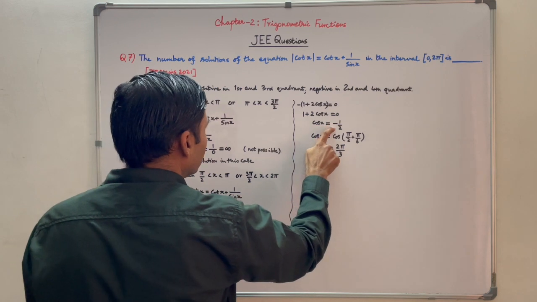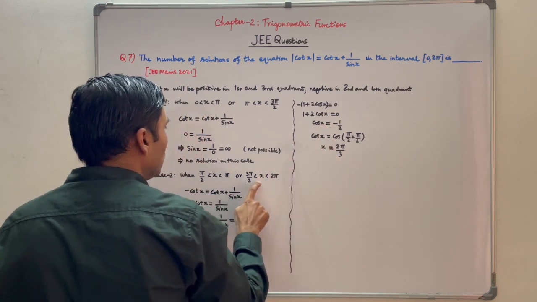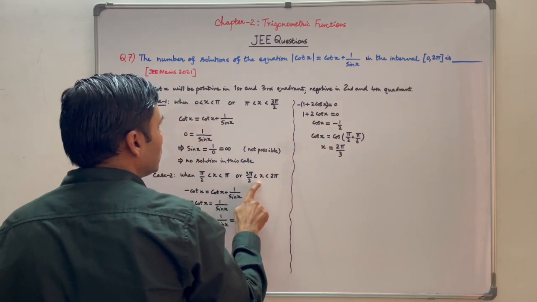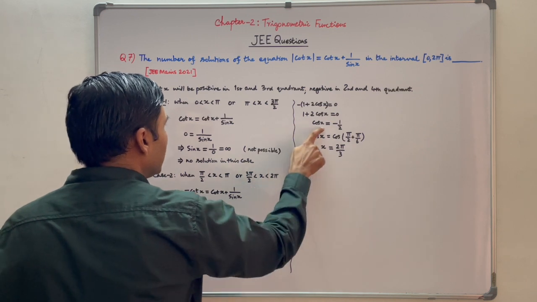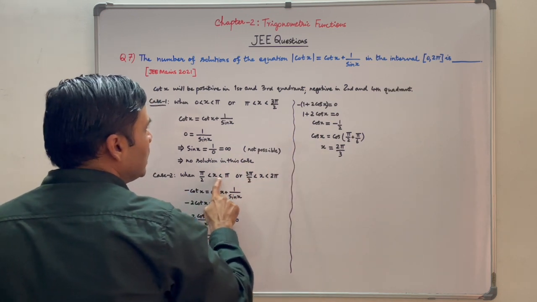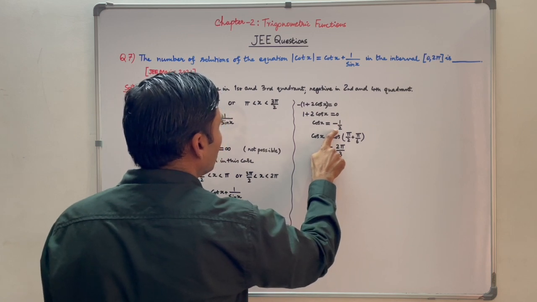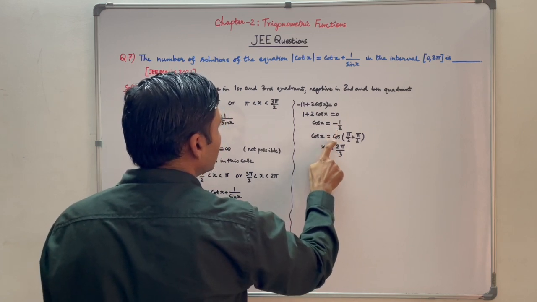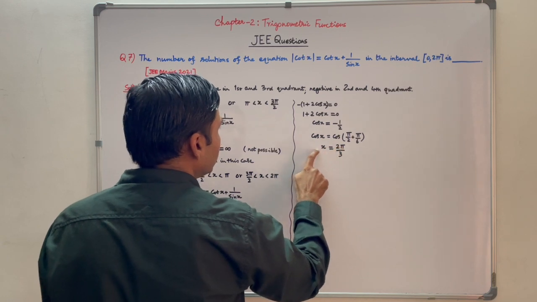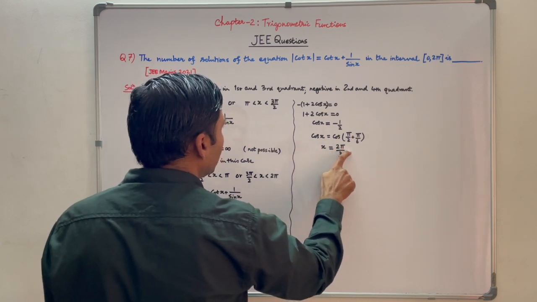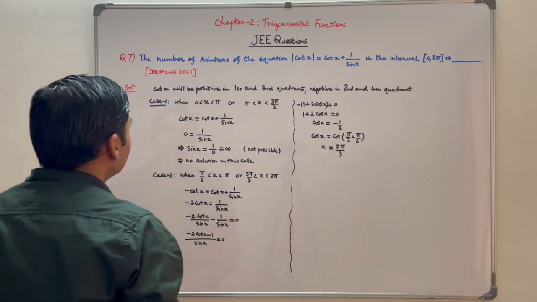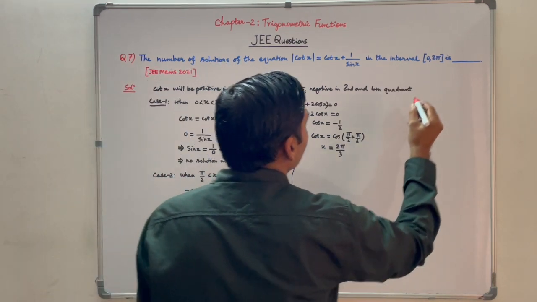Cos x is negative, so x cannot be in fourth quadrant because in fourth quadrant cos is positive. So x has to be in second quadrant, and we know that the value minus 1 by 2 is that of cos 120 degrees, that is cos 2 pi by 3. So x is equal to 2 pi by 3 is the only solution. So the number of solutions will be 1.